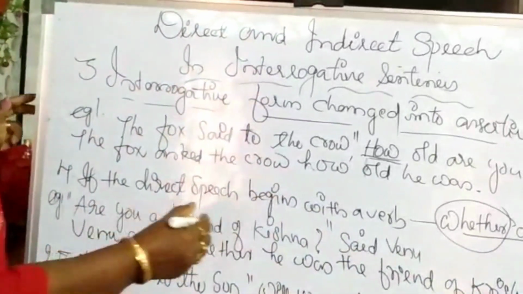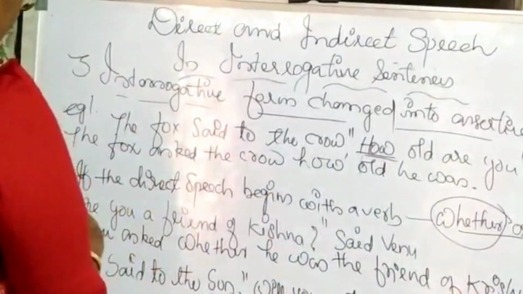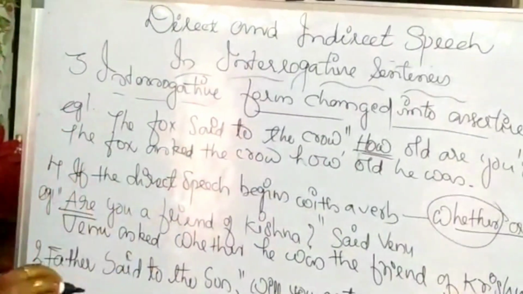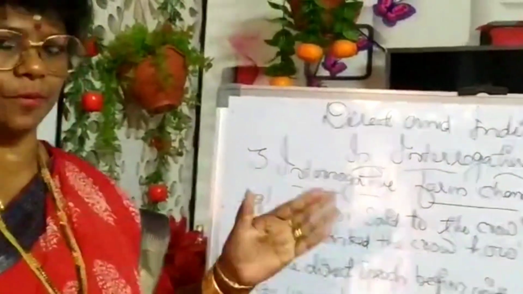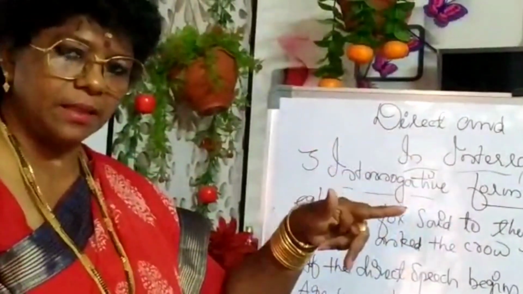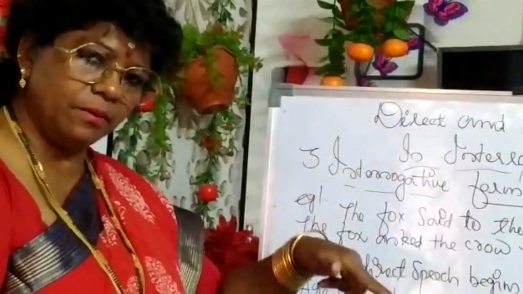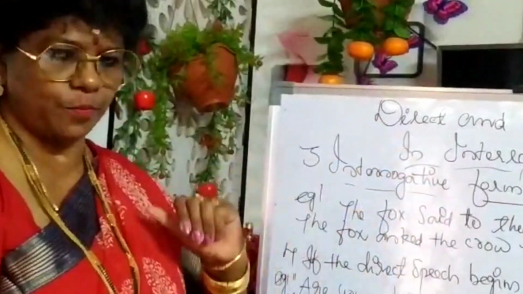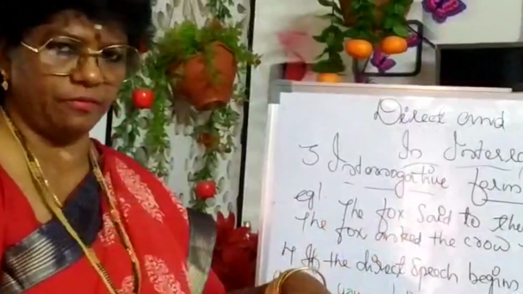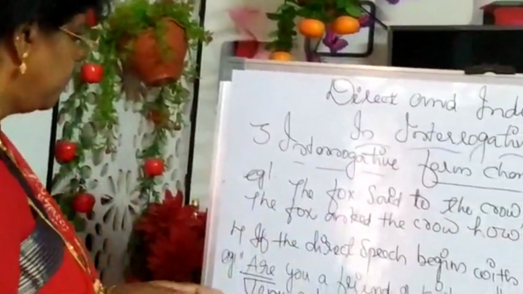So here, are you starts with a verb. If it starts with an interrogative pronoun, you have to start with that interrogative pronoun only in indirect speech. Here, whether or if you can use.